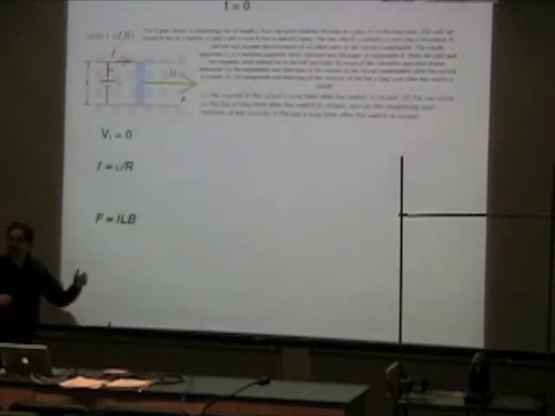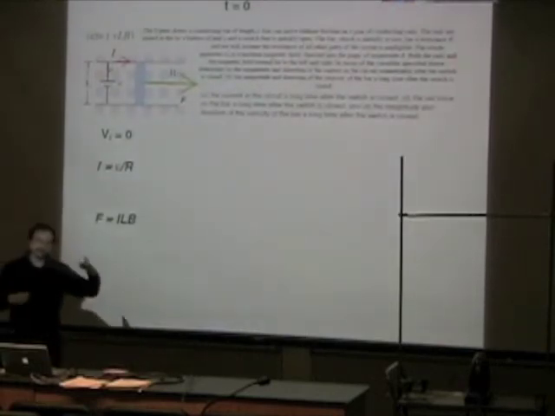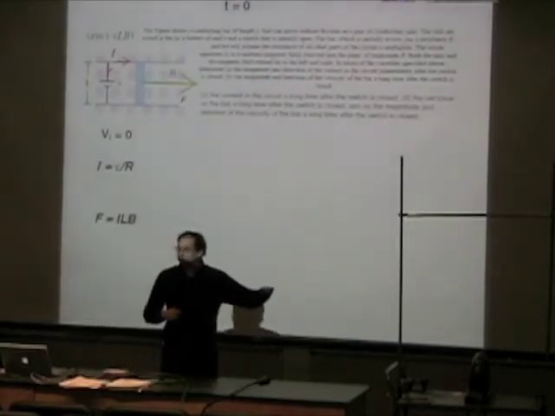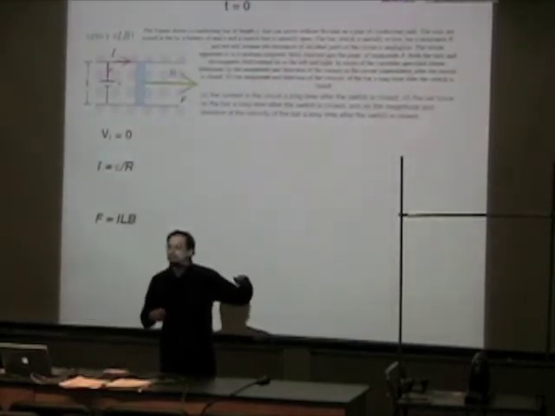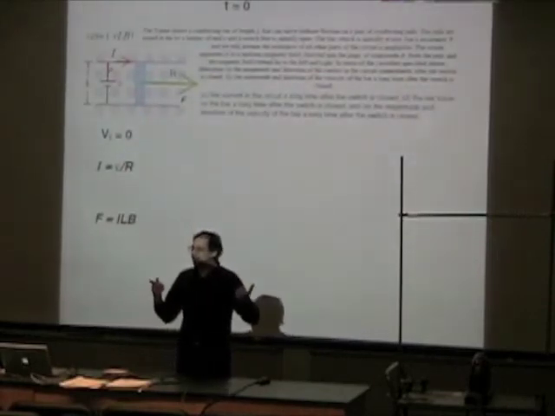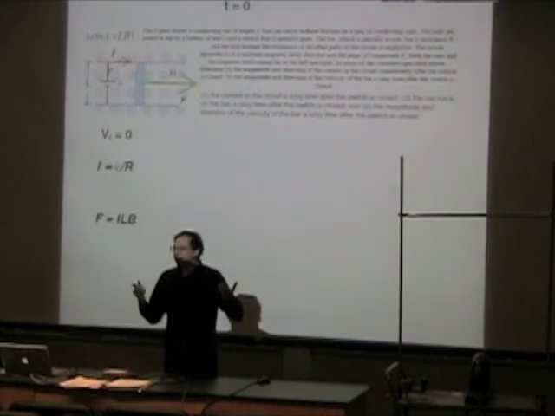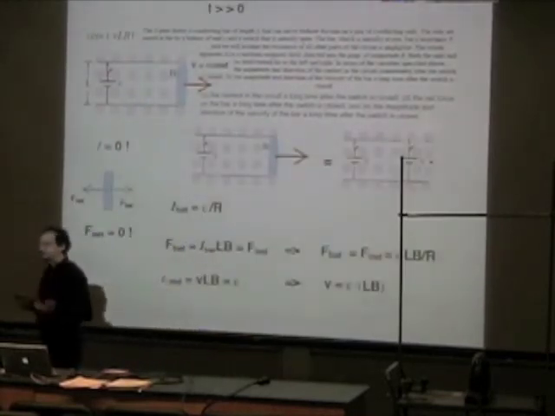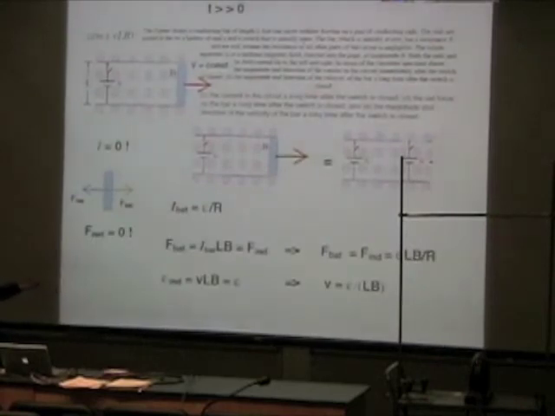And eventually the final terminal velocity is reached. Eventually, acceleration is 0. Eventually, the two forces acting on this rod cancel each other out. And when that happens, again, we can calculate that final value for terminal velocity.